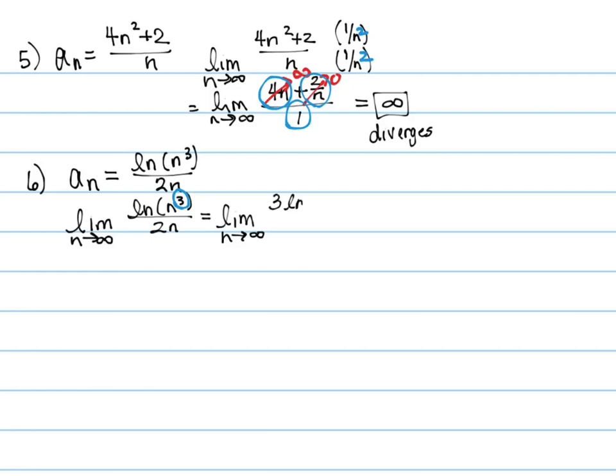This is 3 times the natural log of n over n. Where'd my 2n go? Oh, 2n, thank you. If you did the chain rule for natural log of n cubed, it would be 1 over n cubed times 3n squared. So it's not particularly messy on this one. Logs can get super messy, and log rules come into play really nicely to simplify.